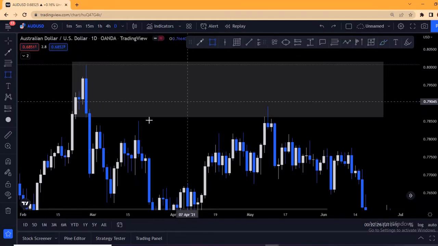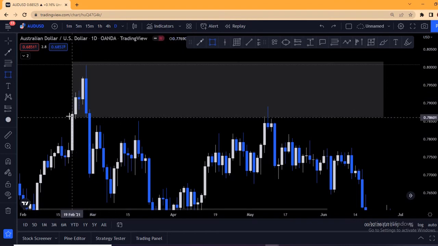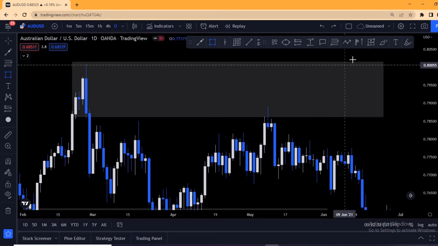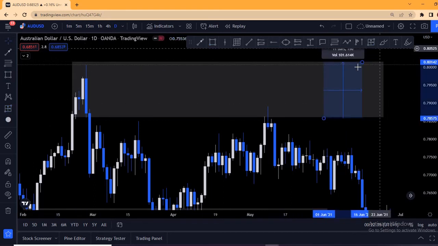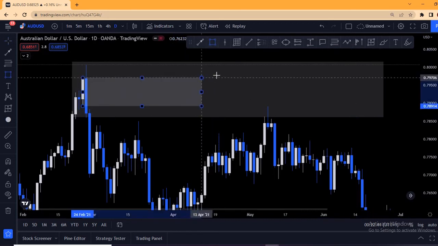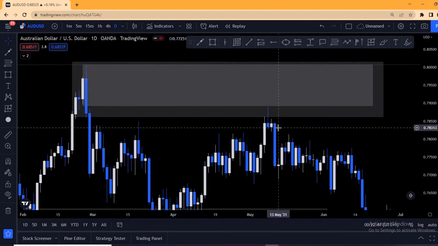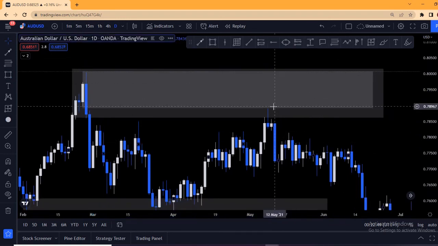Alright, so another way of doing this is refining your zone. Instead of using this whole big zone, because this zone is very big, you could refine it to just one candle, this one candle before the strong push down. So you increase your risk to reward also.